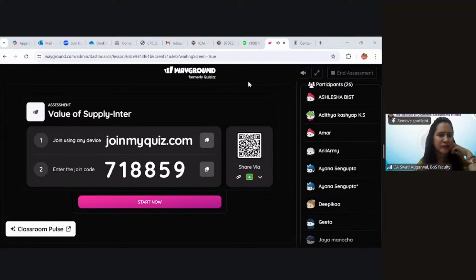Tanu, join the link. Good evening, Amar. Good evening, Goldie. You can scan this QR code to participate in the GST Titan quiz for the chapter Value of Supply. 28 students have joined. 30. Good evening, Navneet.